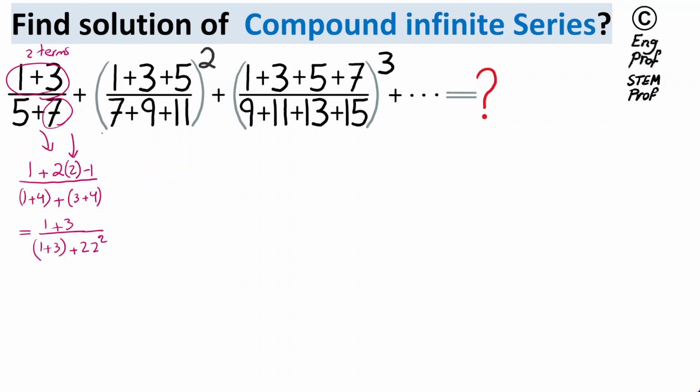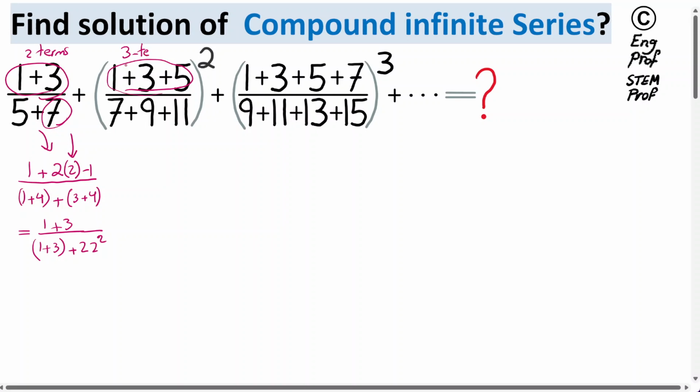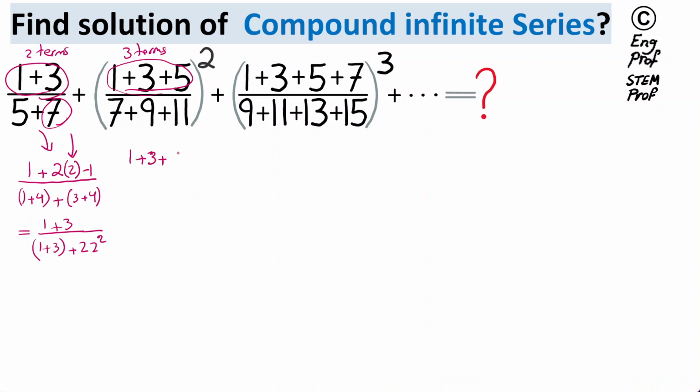For the second term, I have 1 plus 3 plus 5 in the numerator, and then 7 plus 9 plus 11 in the denominator. So I can use the same trick. Just bear in mind we have 3 terms, both in the numerator and denominator. And the nice thing is it's 1 plus 3, and 5 can be written as 2 times 3 minus 1.